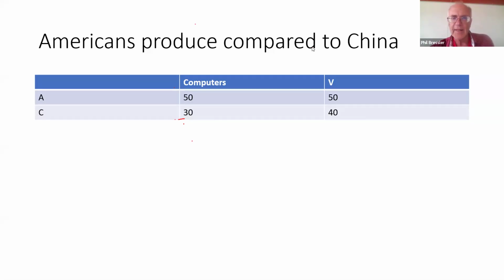Okay? Right. Now, if it's an output, who has the absolute advantage in computers, America or China? I got one America. Anyone else? Okay, America, right.